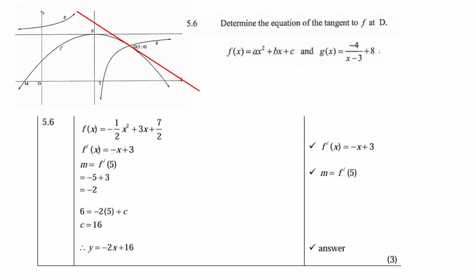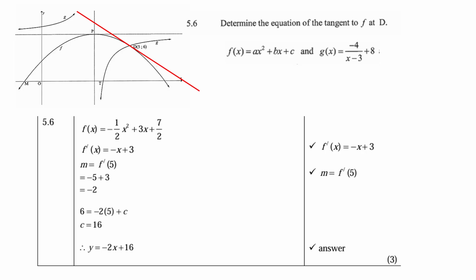Question 5.6. Now you must determine the equation of the tangent to f at D, which of course is represented by that red line, which is a straight line, y = mx + c, of course in a northwesterly direction. So a negative gradient. Again, gradient is linked to calculus, so therefore the derivative. So you take the function of the parabola, differentiate it, and you get -x + 3, which of course is the gradient.